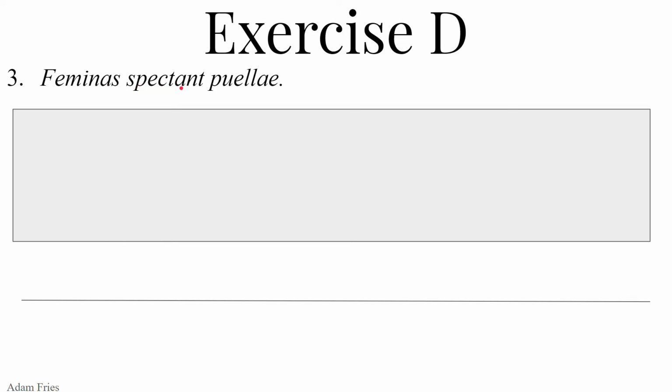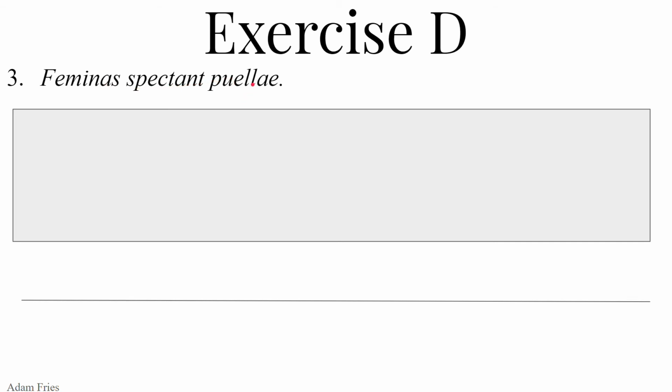So spectant from specto, spectare, spectavi, spectatus, to look at, and spectant, so third person plural, they look at. So there's going to be a plural subject coming up, hopefully in the nominative, because that's the subject case. But whoever these people are, they are looking at the women, the direct object.